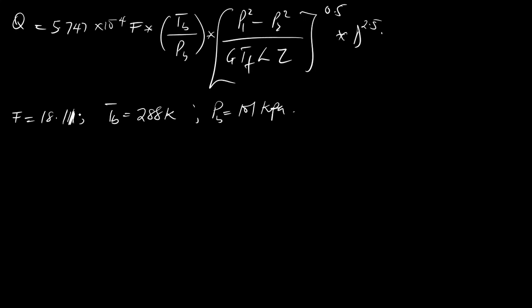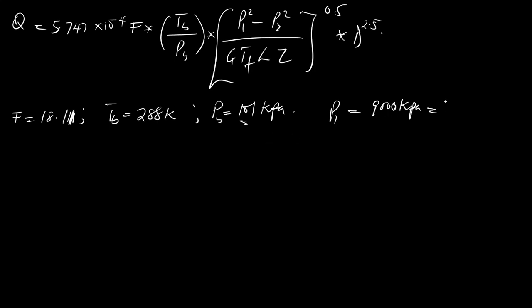We know our inlet pressure or upstream pressure to be 9,000 kilopascal, and we need to convert this. This is the gauge pressure. We need to convert it to absolute pressure by adding the base pressure.